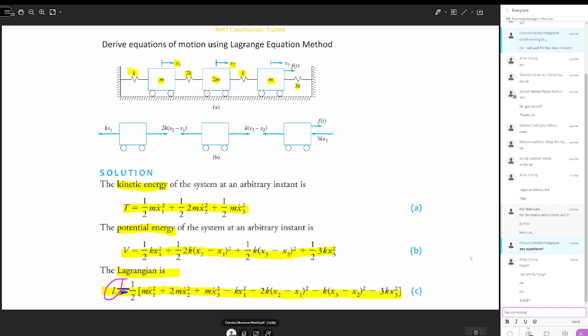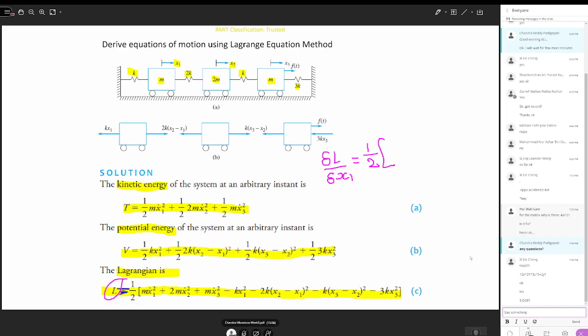So we take the partial derivative of L with respect to the variable x1. I just keep half as the multiplication factor. You can see the first term involves x1 dot, x1 dot, so the differentiation of this with respect to x1 will be 0.